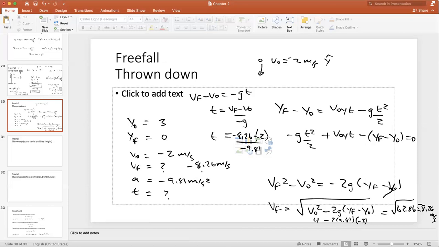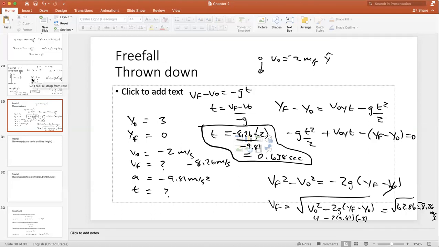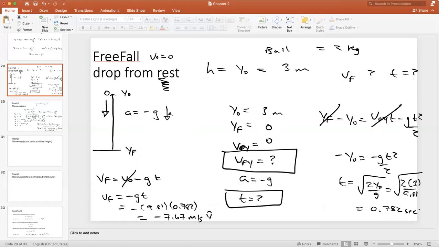I get 0.638 seconds. So my time for it to fall is 0.638 seconds. It's traveling at 8.26 meters per second downward at that time. When I dropped it, it took 0.782 seconds, and it was only doing 7.67 meters per second when it hit the ground. So by throwing it down, it will be faster.